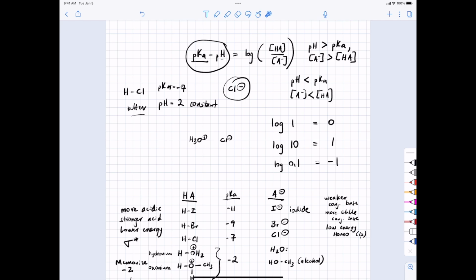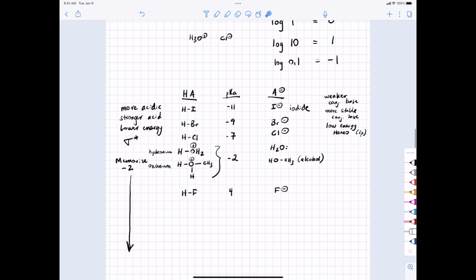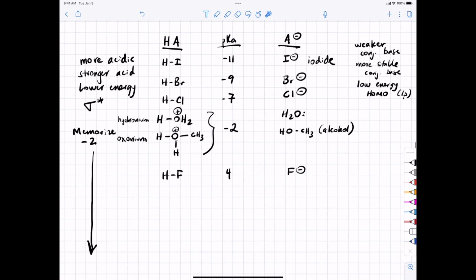Yes? So why does it go from iodine, bromine, chlorine, -11, -9, -7, and then 4, like it randomly just jumps up? Okay. Yeah, so we might as well talk about that at this point.